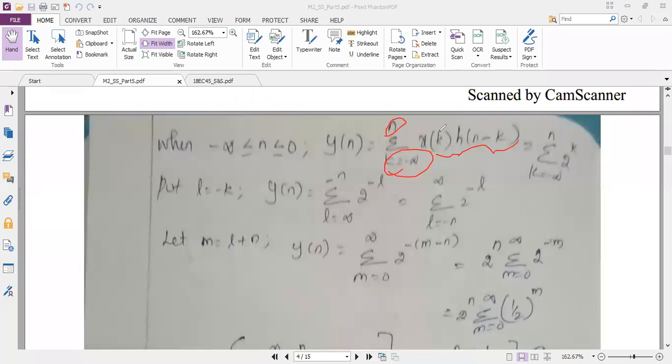Once I have written this formula, I can substitute its equivalent. In the diagram, I replaced n with k, so x of k is equal to 2 power k, and h of n minus k is equal to 1. The amplitude was 1. So my final output y of n is equal to summation k equal to minus infinity to n of 2 power k.